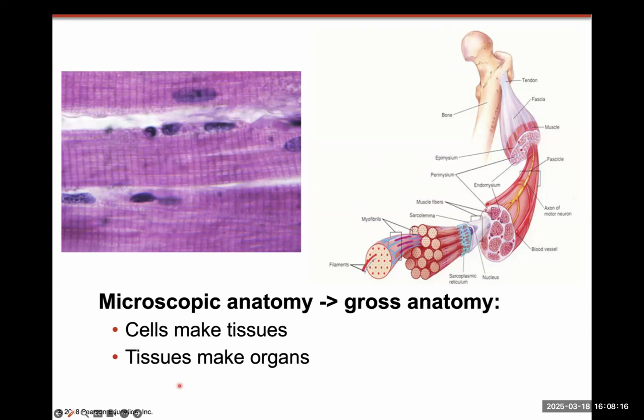The glossary is basically the dictionary for your book. As I mentioned before, if you grab multiple cells and stack them together, then that group is called tissue. In this case, you have muscle tissue here. There's something called fascia as well, and some blood vessels, and they all link together.